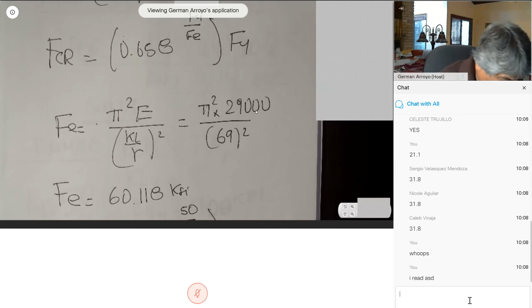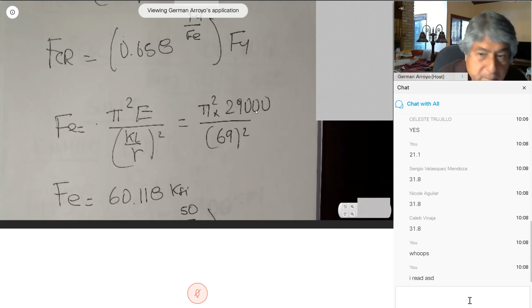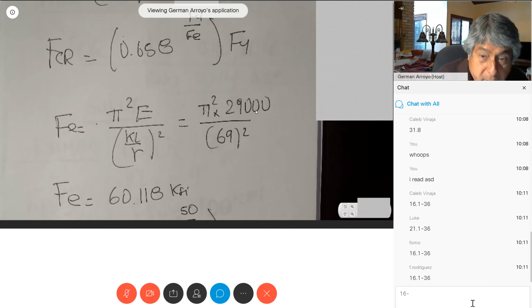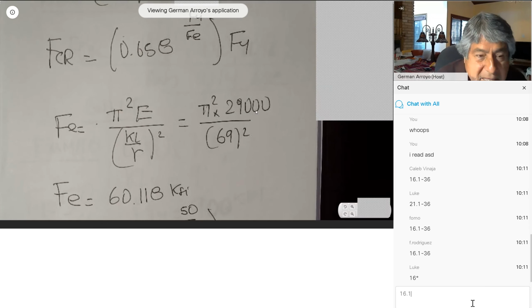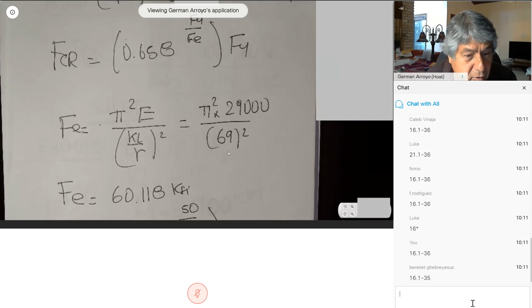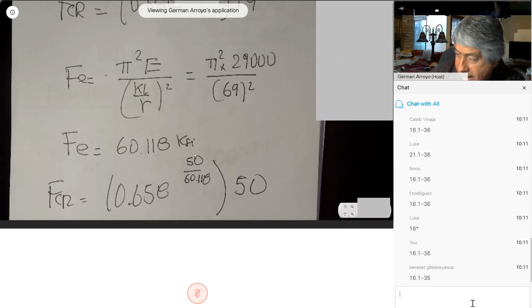Just write it. Perfect, that is the page. In the formula, this value is the KL over R, the 69 that we had before. So this gave me a value equal to 60.118 ksi.